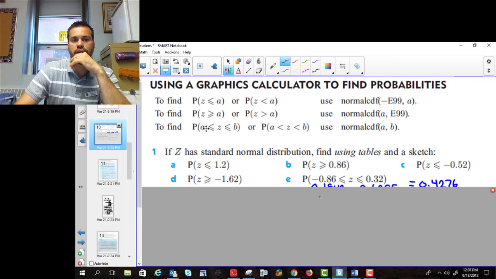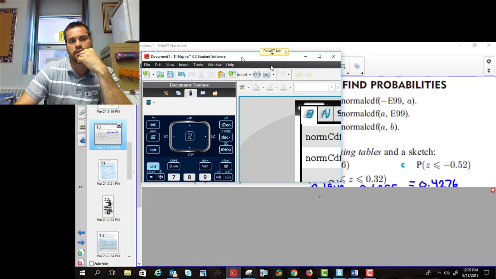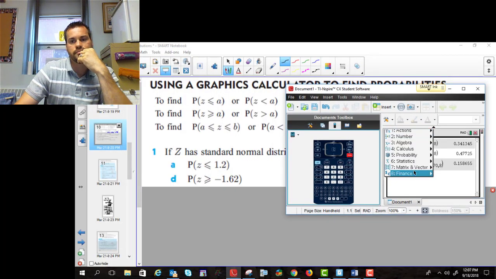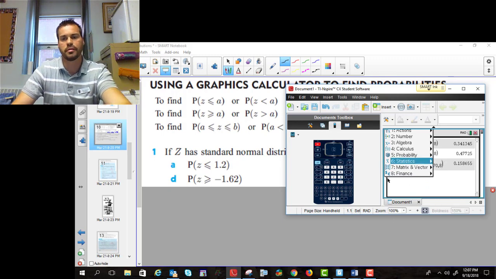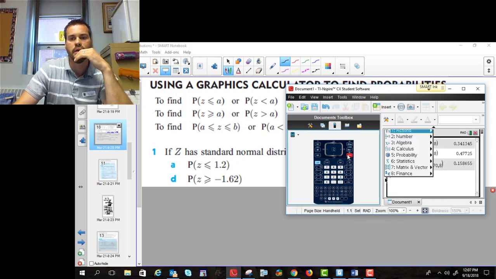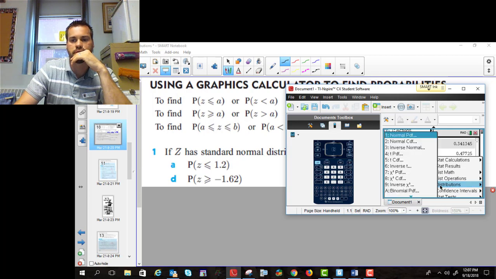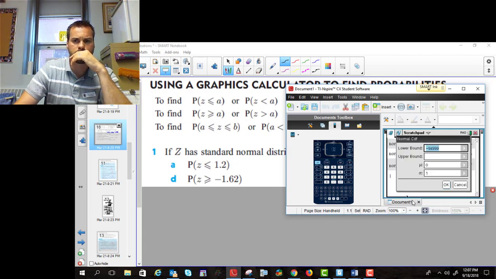So if you're given a question to find a particular probability, you can do it with a z distribution by just, when you're on your calculator, and I mentioned this in the previous video, when you go into your menu, I am, okay. So menu, statistics, distributions, and normal CDF, you'll say it's less than or equal to 1.2.